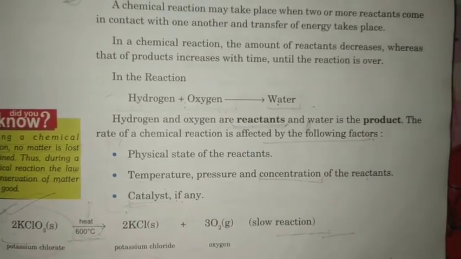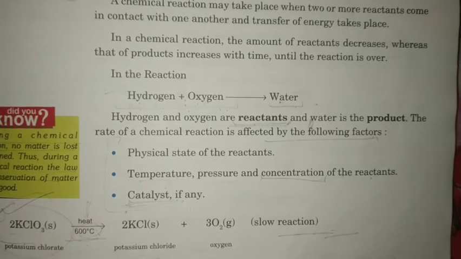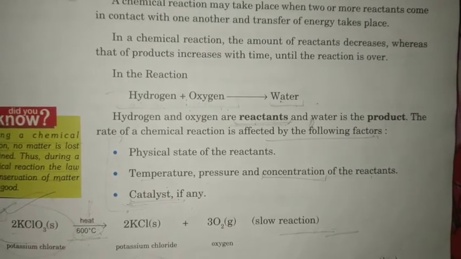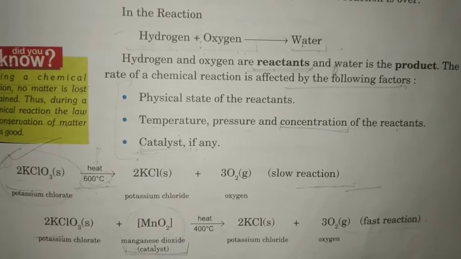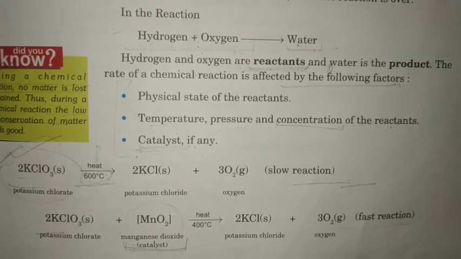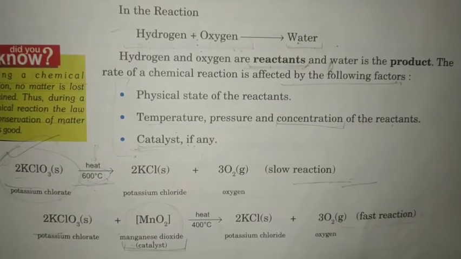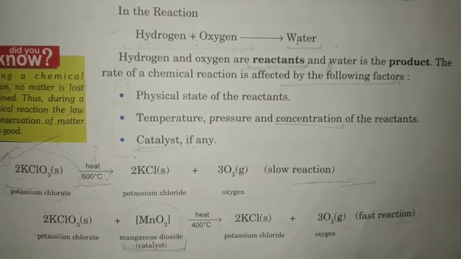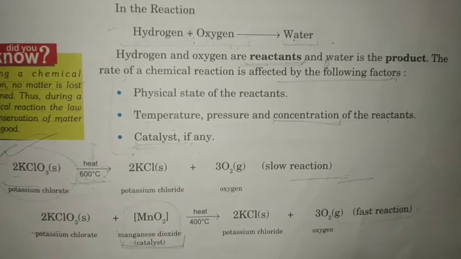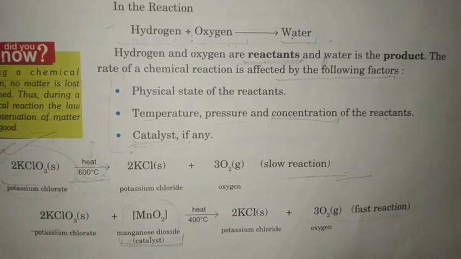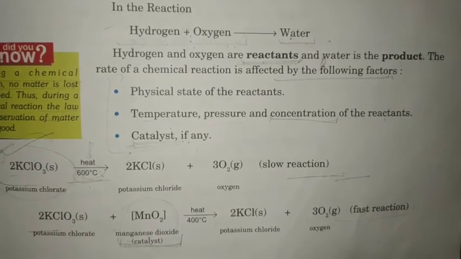A catalyst is a substance which increases the rate of reaction. Like in this example, if you take potassium chlorate, that is KClO3, and supply heat at 600 degrees Celsius, it forms potassium chloride plus oxygen. But this is a slow reaction.